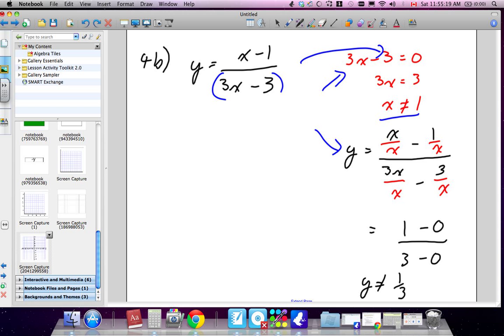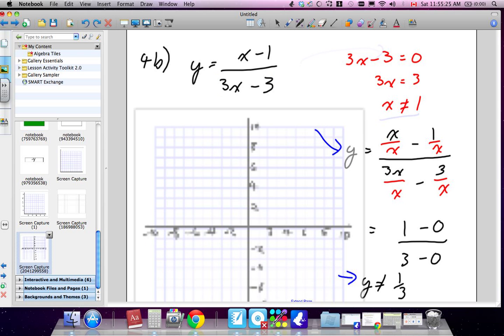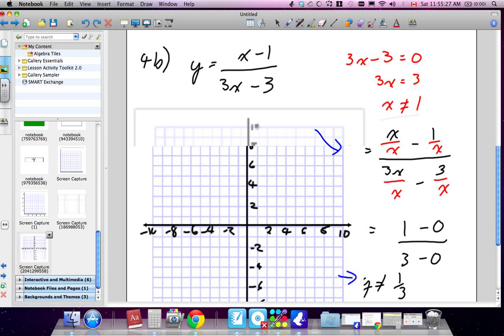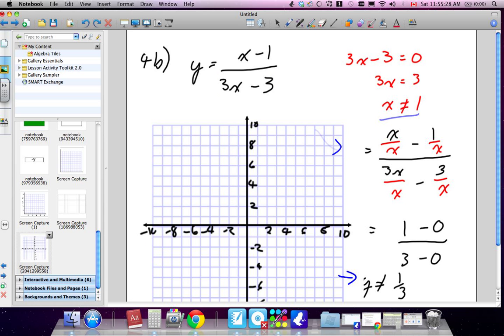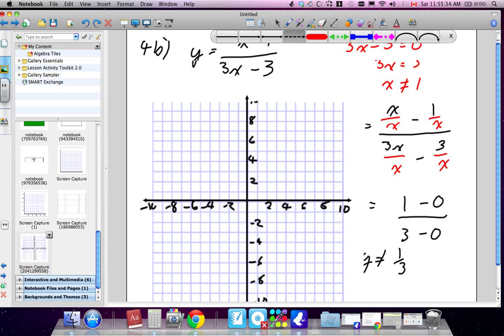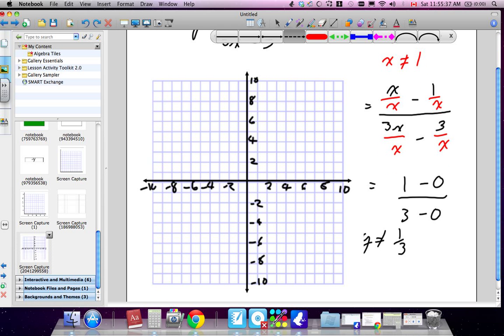Okay. So we quickly found our x-intercept. We set the bottom equal to 0. X can't equal 1. We set the limits for y. Found our horizontal asymptote at a third. That fit? Yes, it will. Great. So x can't be 1.